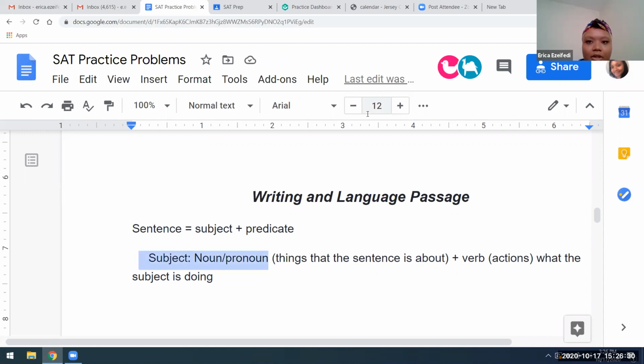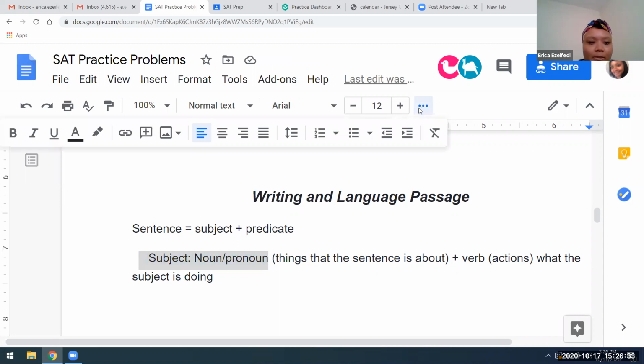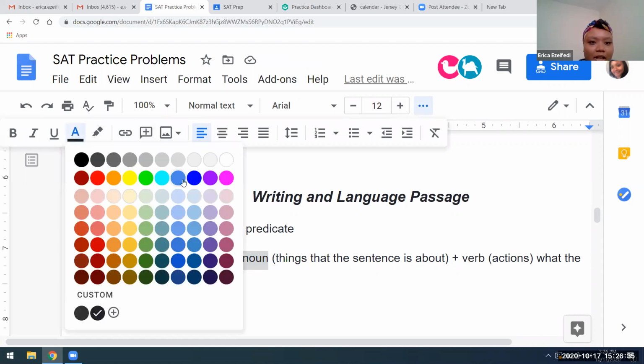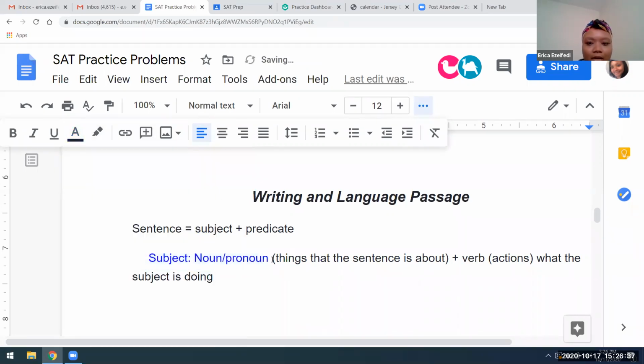I'm making a distinction in this way because sometimes when you have questions regarding grammar, it can be very easy to lose track of what the subject is.